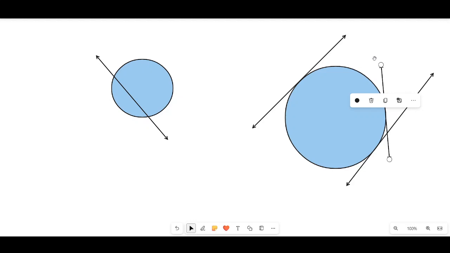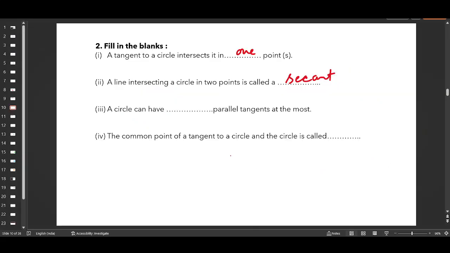You can draw more tangents, but the question says parallel tangents. So there will be two parallel tangents. Clear? Then put here 2.